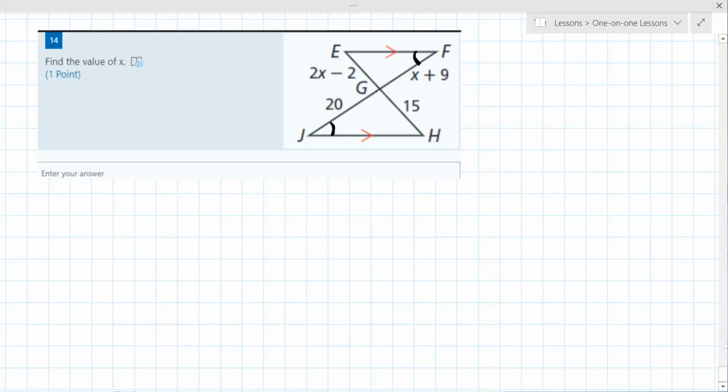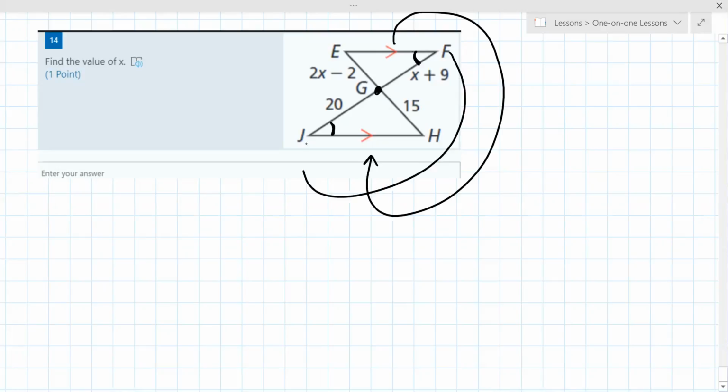If you were to release this triangle up here, this side obviously goes with this one down here, but this F would actually rotate down and be in this position J. So this x plus 9 actually goes with the 20, which is a little bit odd to look at.